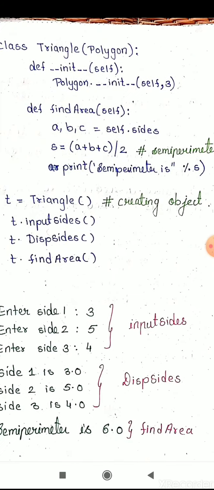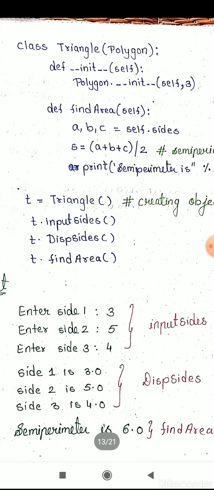As I have already told you the syntax, I just need to pass the name of the base class whose properties I want to access or use in the new class. So see, here I have declared a class named triangle and I have passed the name of the base class. The base class name was polygon. So I have passed its name and now I am defining the new methods in it.